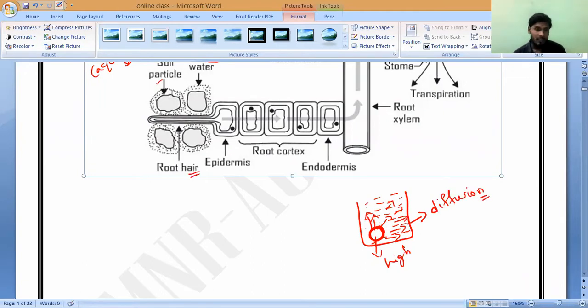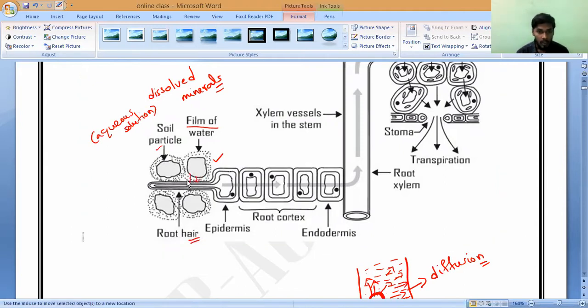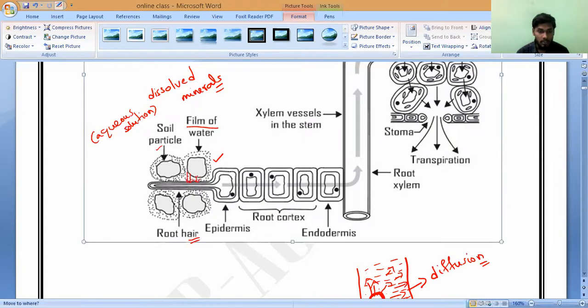In the same way, if you observe the film of water in a soil particle, the concentration of dissolved minerals in the water is much higher. By the process of diffusion, the aqueous solution, meaning the dissolved minerals, is absorbed into the root hair.